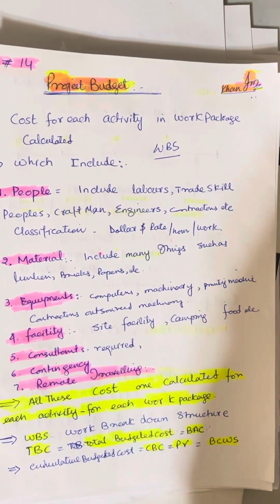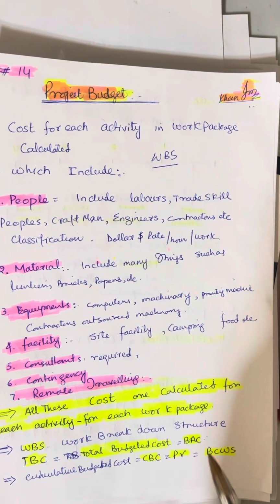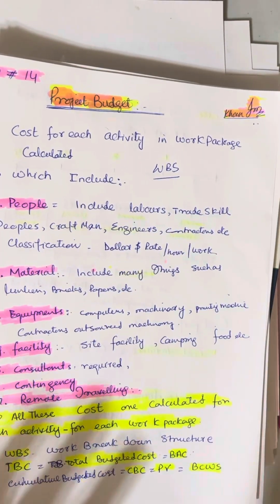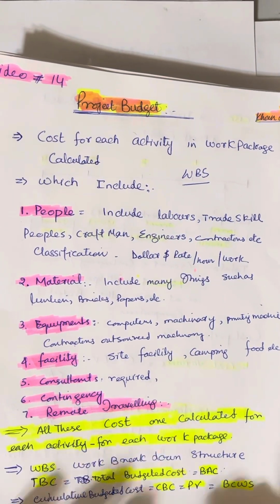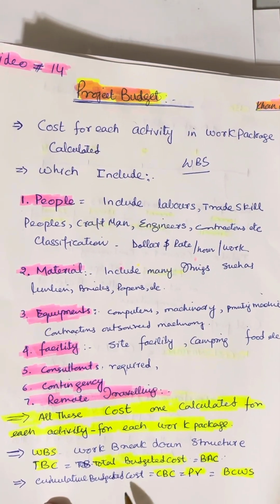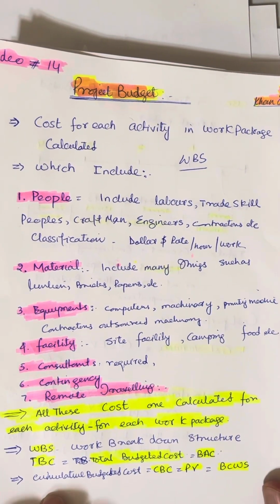Then we put contingency set aside, cost everything, and that's called the total budgeted cost of the project. And then there is another term, which is cumulative budgeted cost. I will explain it in the next video.